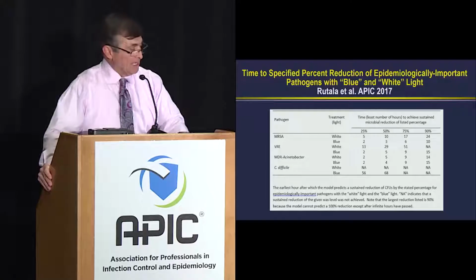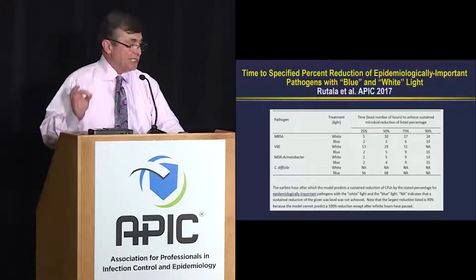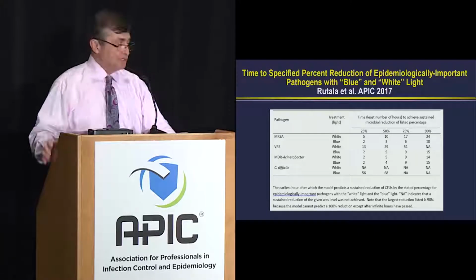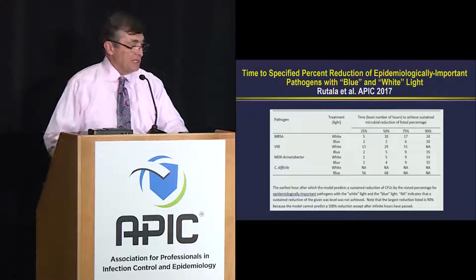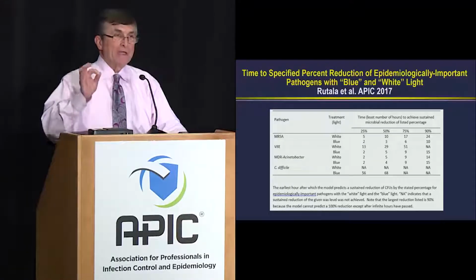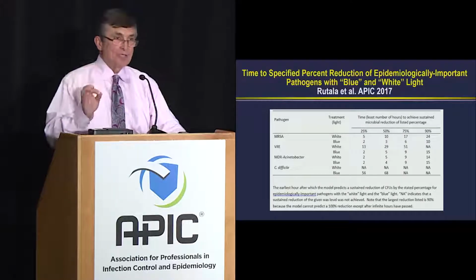90%. And that tells you essentially the time to achieve a sustained microbial reduction for each one of those pathogens. So for MRSA, you may be able to see that you get a 90% reduction using white light in 24 hours. With blue light, it takes 10 hours.